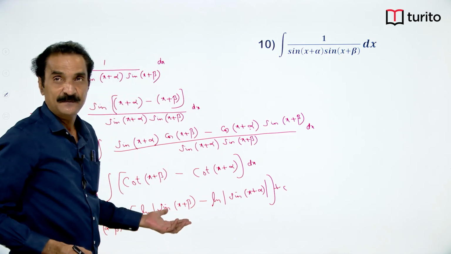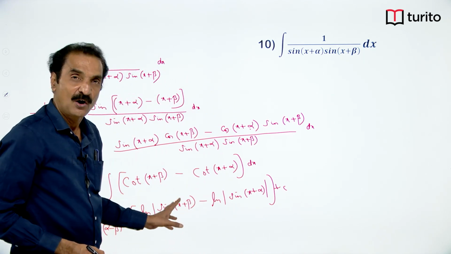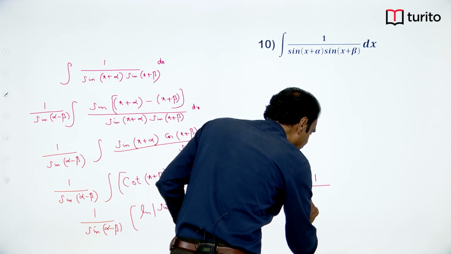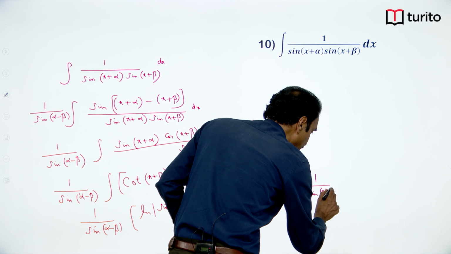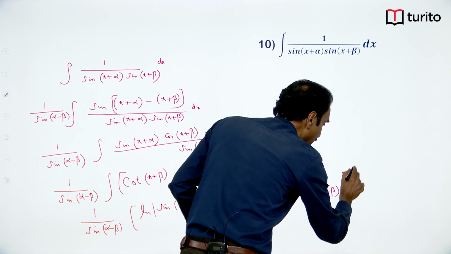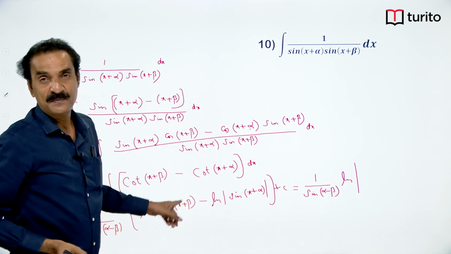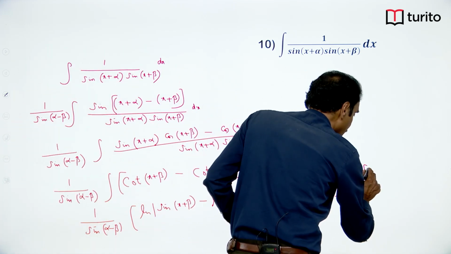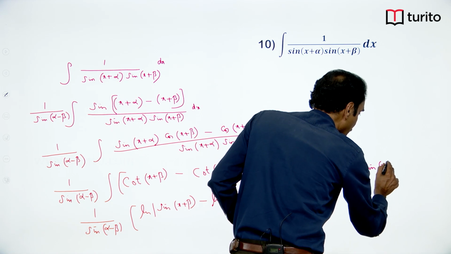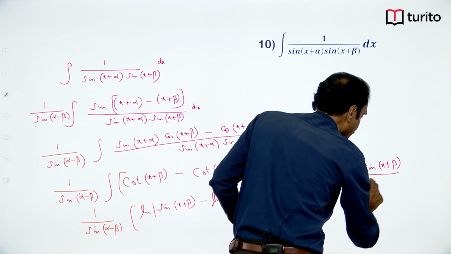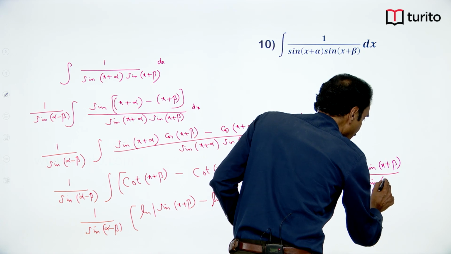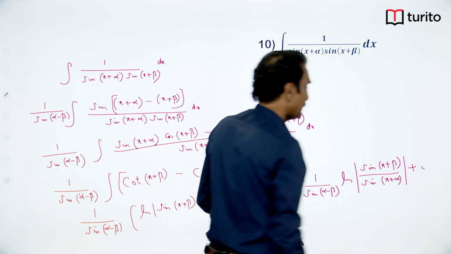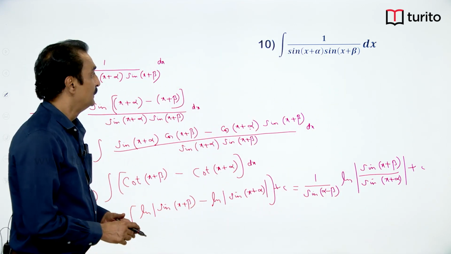If you want, you can simplify it further. Log a minus log b is log a by b, no? So, it is 1 by sin alpha minus beta ln mod sin x plus beta by sin x plus alpha, plus c, right.